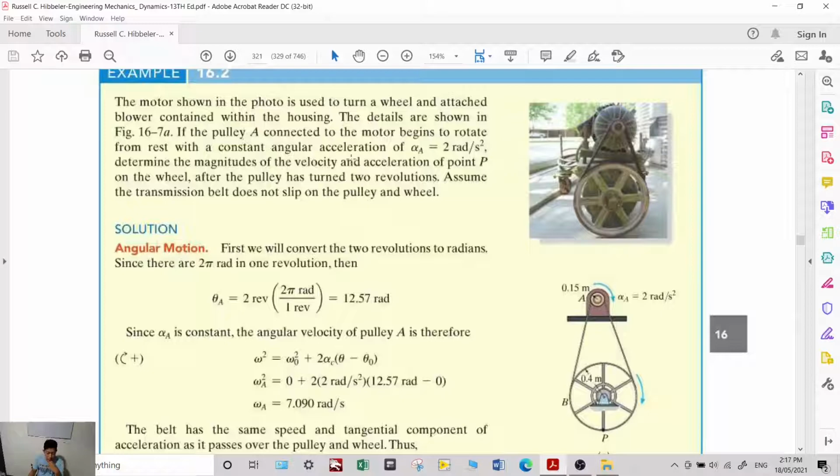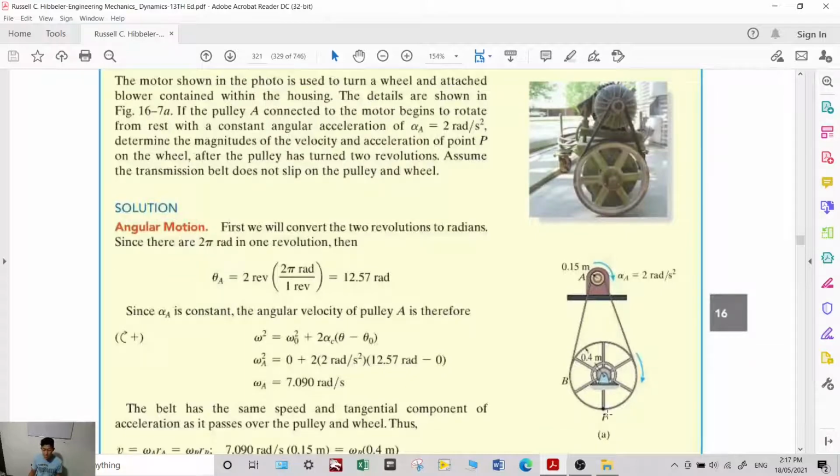If the pulley A connected to the motor begins to rotate from rest with a constant angular acceleration alpha A of 2 radians per second square, determine the magnitude of the velocity and acceleration of point P on the wheel after the pulley has turned 2 revolutions. Assume the transmission of the belt does not slip on the pulley and wheel.